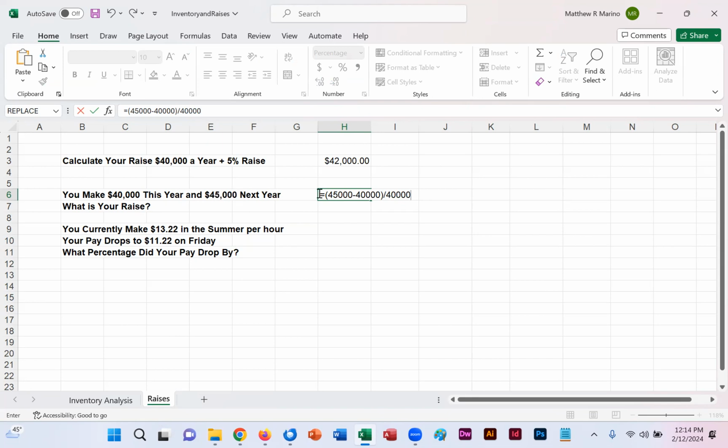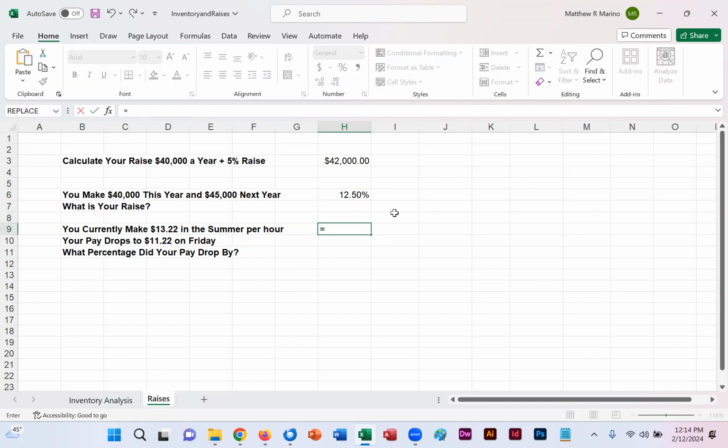So 45,000 minus 40,000 divided by 40,000. So current minus old divided by old. And you'll see we'll do the same thing with the last. So we hit enter here, we should get 12.5% as our raise increase, which is pretty good.